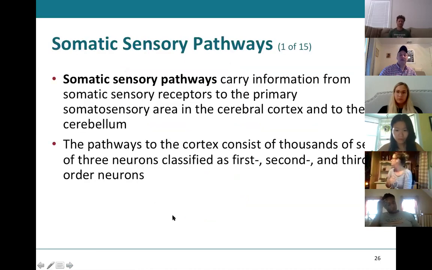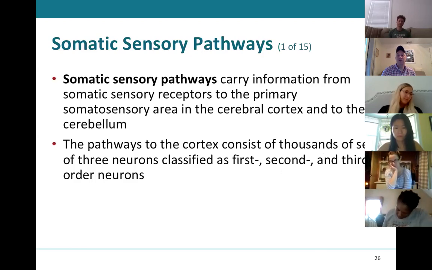So there are many different types of information that can be carried. The pathways to the cortex consist of thousands and thousands of sets of 3 neurons classified as first, second, and third order neurons. Okay? Go ahead, step on your big toe right now. Use your left foot, step on your big right toe. That is a unique set of first order, second order, and third order neurons that have just been sending information to, I said step on your right toe, so it went to your left hemisphere cortex.